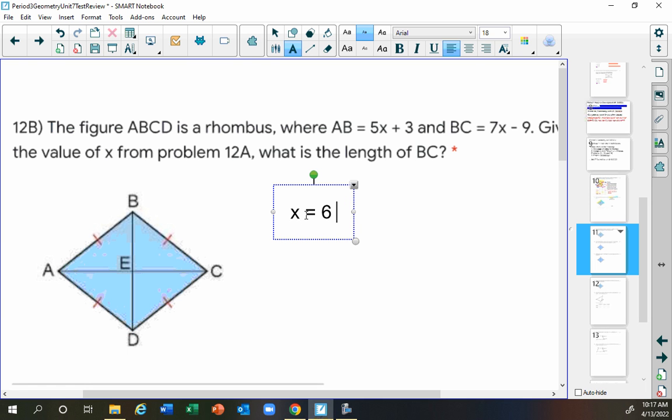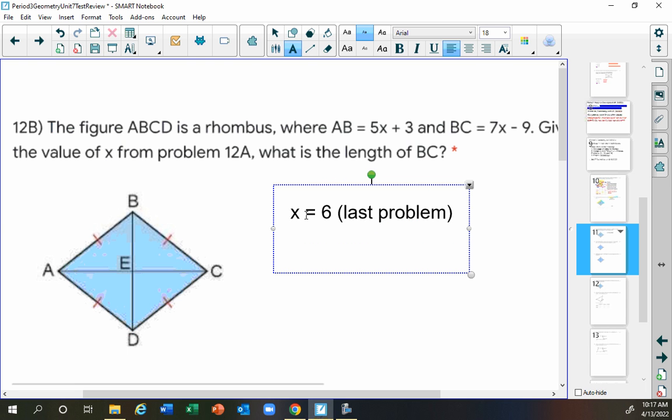That was from the last problem. All right. BC is 7x minus 9. So, if X is 6, then what would be the length of BC?